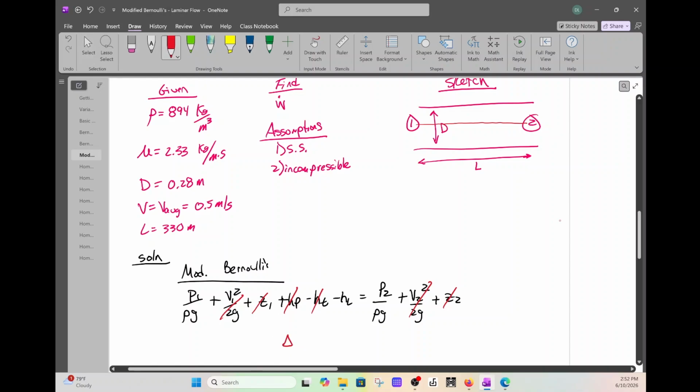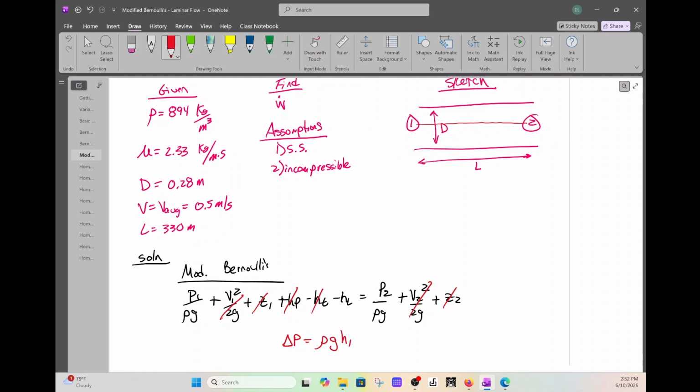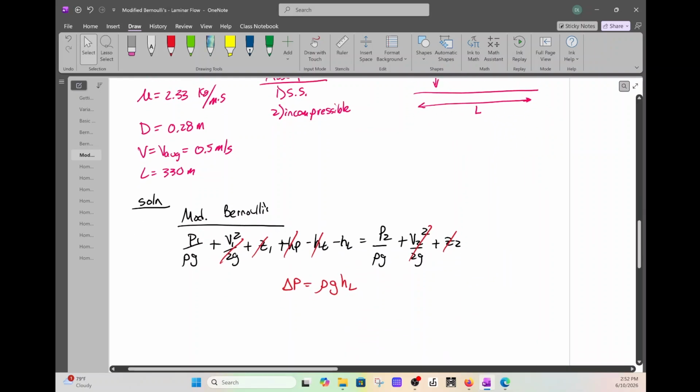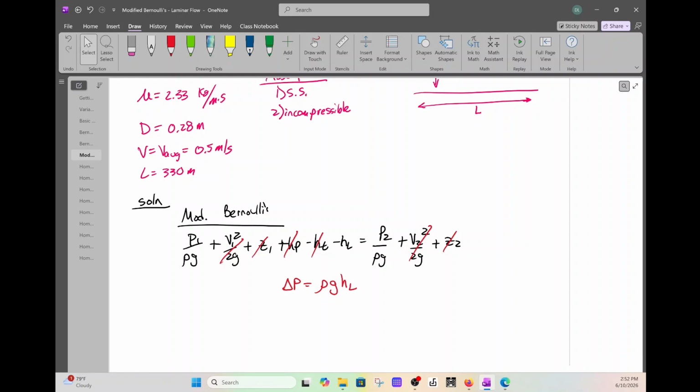we get delta P is rho g times HL after I rearrange. Okay. So I multiplied every term by rho g. And so it's P2 minus P1.